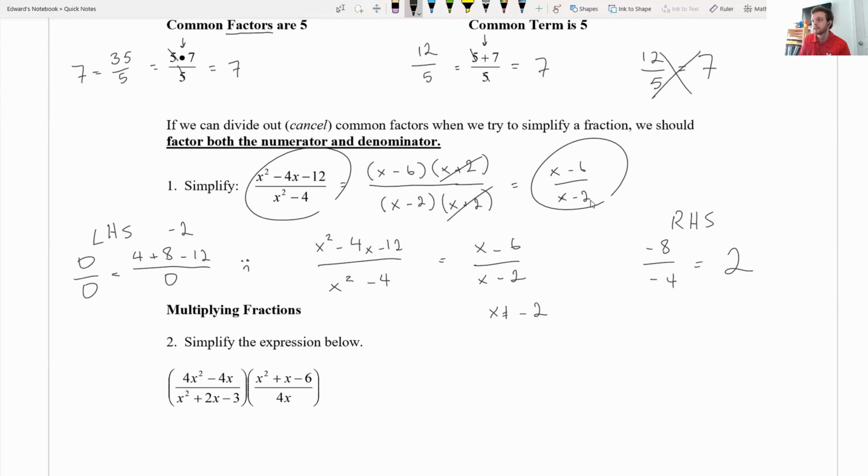So x minus 6 divided by x minus 2, with the added addition that x cannot be -2, now the expressions are identical. So as we simplify rational expressions, we need to make sure that at the end, we are excluding problem points.